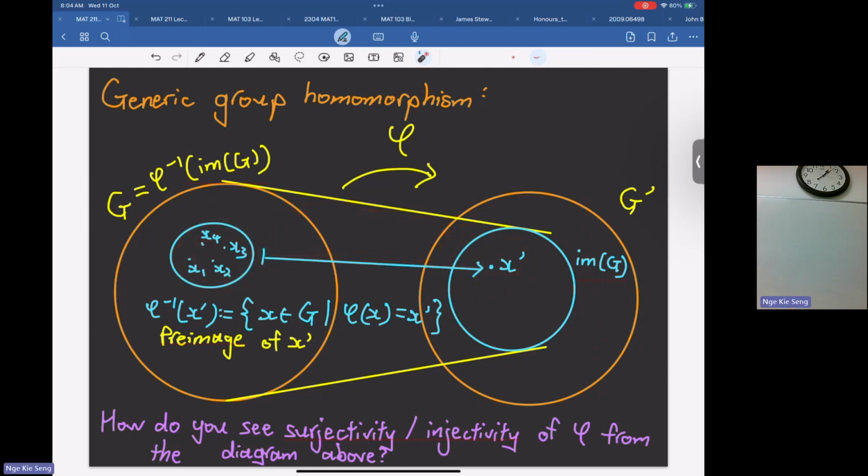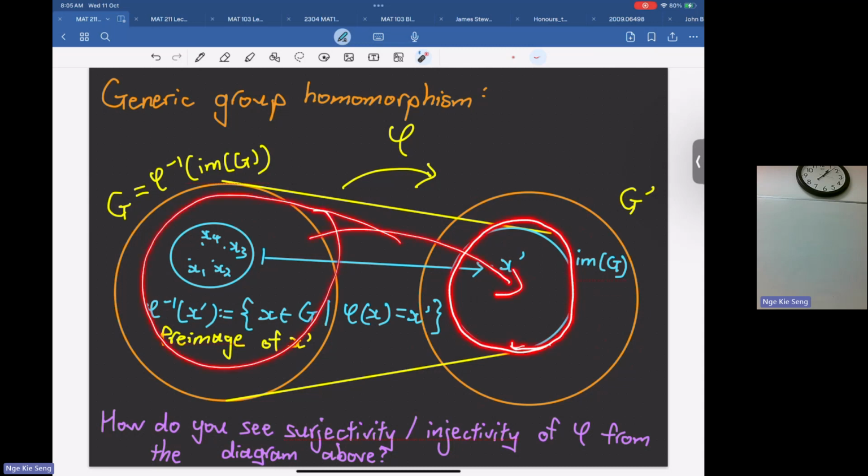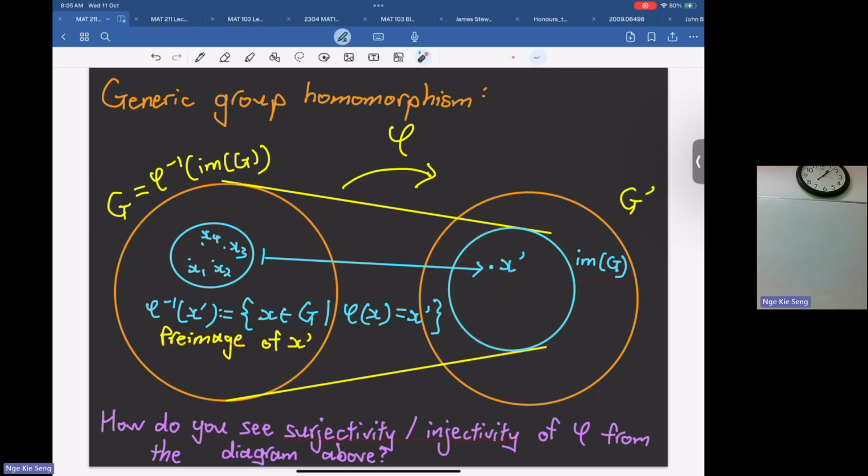And if we have the pre-image of a set, then we need to consider all the elements that get sent to the set. So we have the pre-image of a point, an element, then the pre-image of a set. Is it okay? For example, what's the pre-image of the image of G?